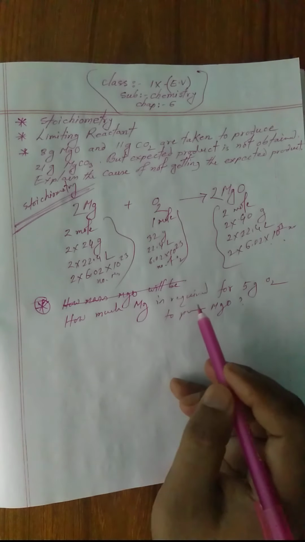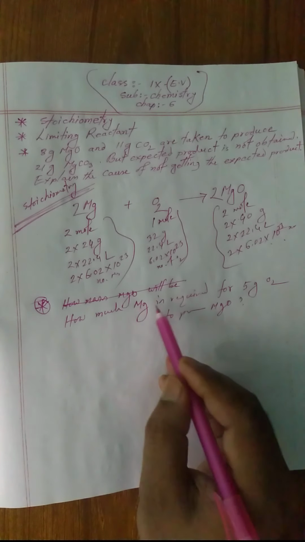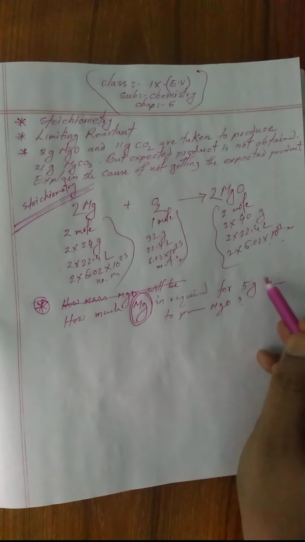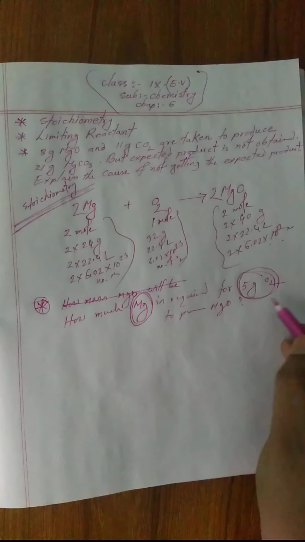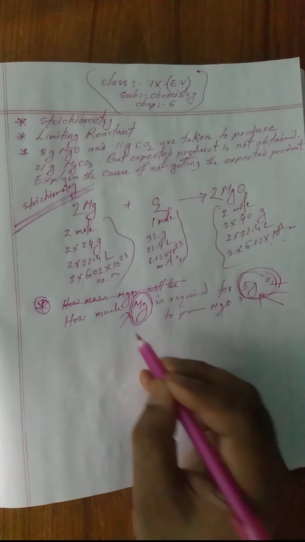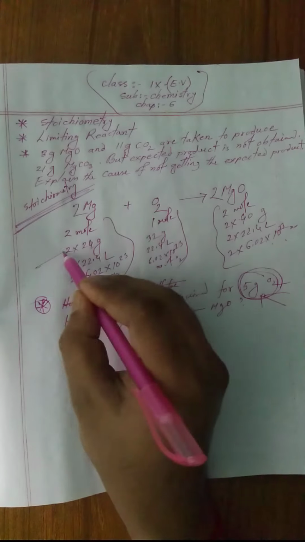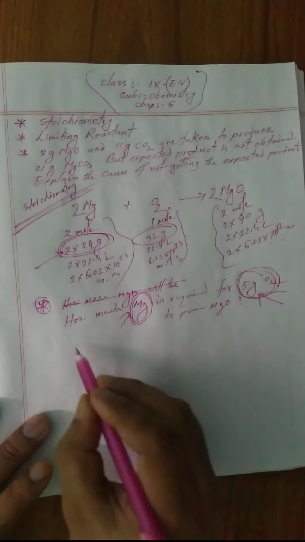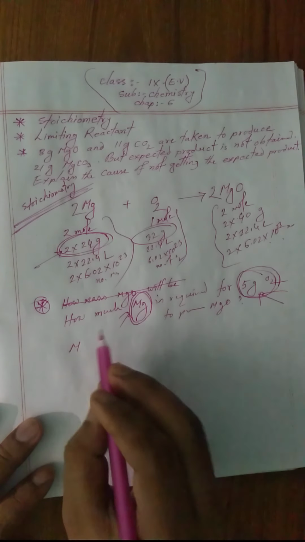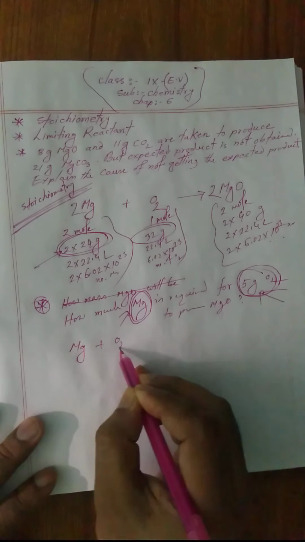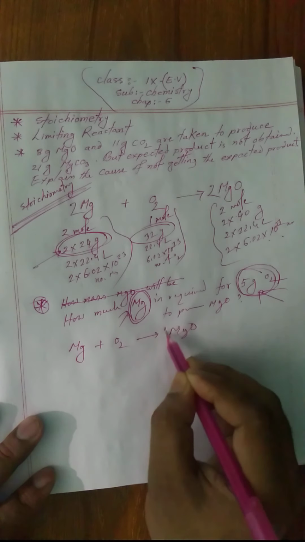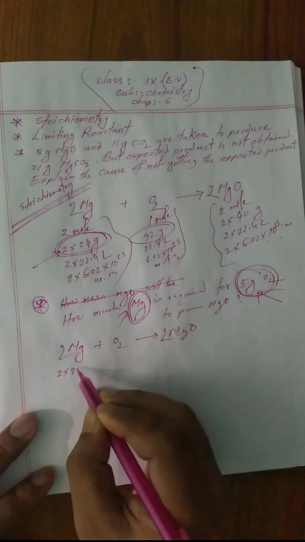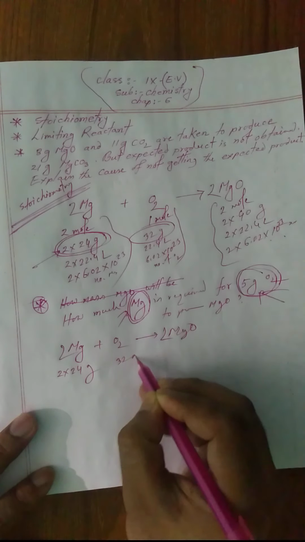So here we have to calculate the amount of magnesium from the amount of oxygen. So we have to write the reaction, 2Mg plus O2 gives 2MgO. So 48 gram and 32 gram.